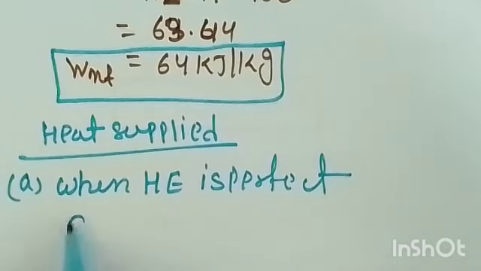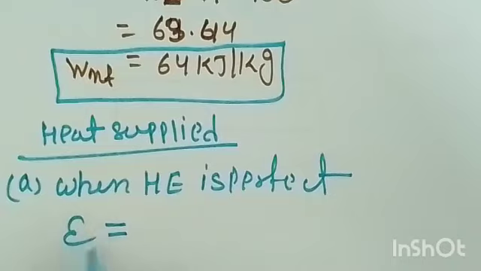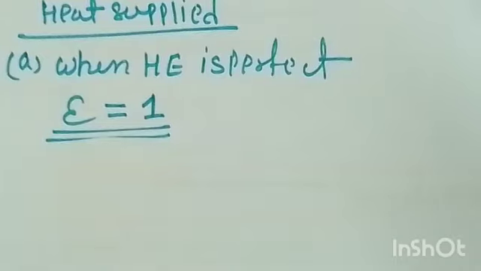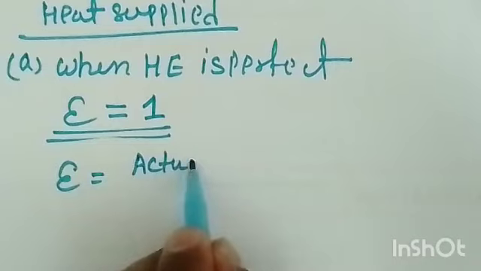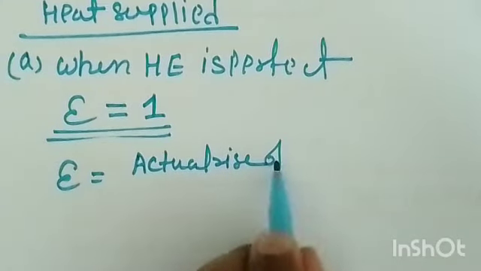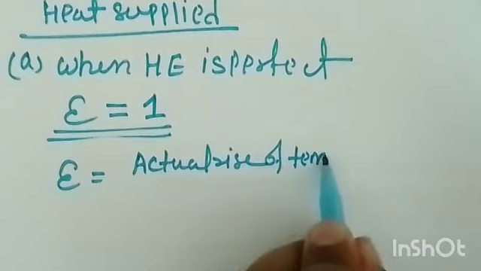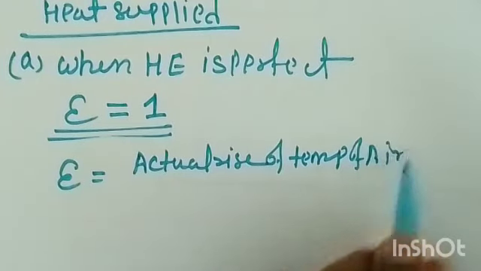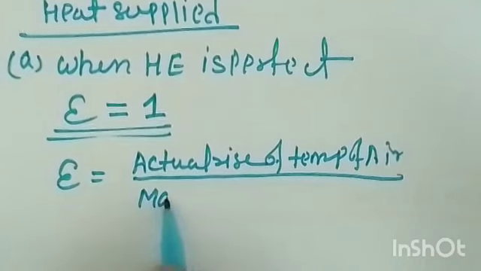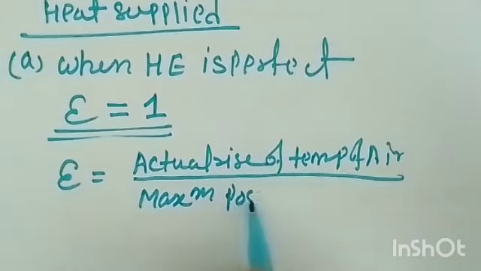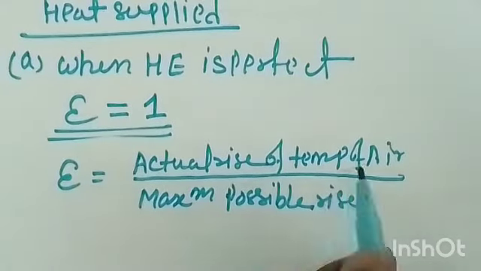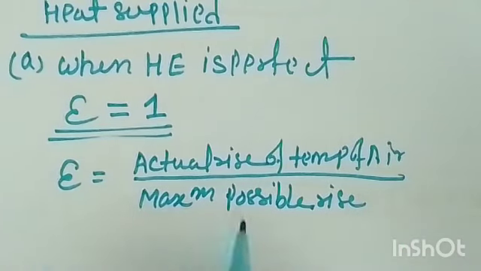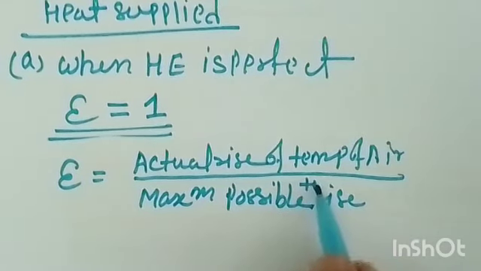So when the heat exchanger is perfect, which means effectiveness is equal to 1, right? That you have to remember. Now, effectiveness of a heat exchanger is what? Effectiveness is equal to actual rise of temperature of air upon maximum possible temperature rise.